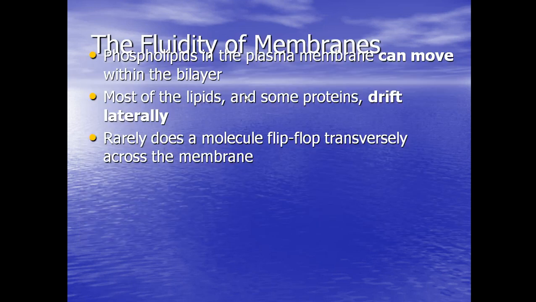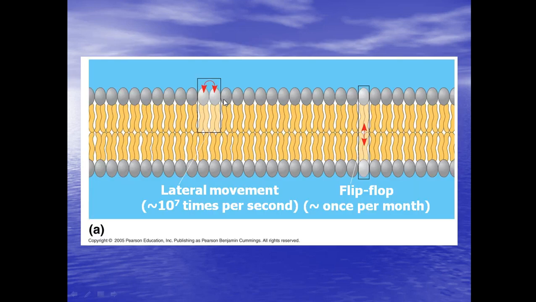That's the lateral movement, that is lateral drift. Sometimes they can flip-flop. This molecule can jump here and this can jump here. This can jump to this layer and the one which is here can jump to this. That's a flip-flop. Lateral movement happens approximately 10 raised to 7 times per second. But flip-flop is very, very rare, maybe once per month.